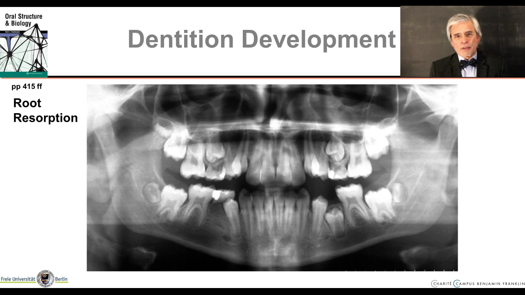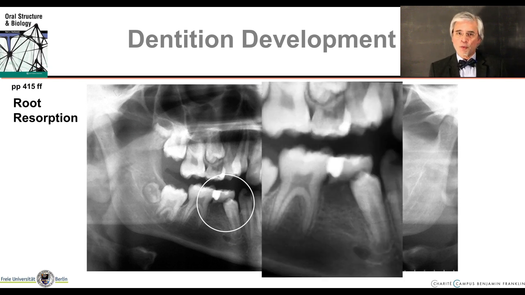The roots of the deciduous molars are very widely spread apart, and in this image we can see the huge distance between the erupting bicuspid and the distal root of the deciduous molar, which is already completely resorbed. This distance is probably about 4 to 5 millimeters.